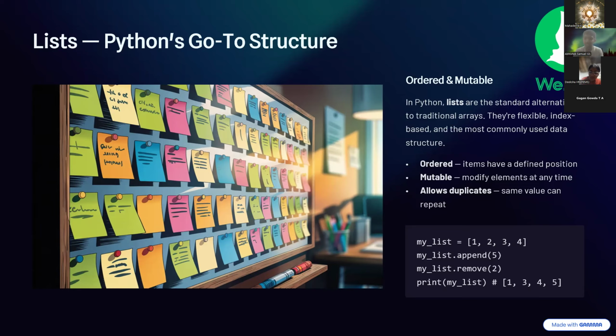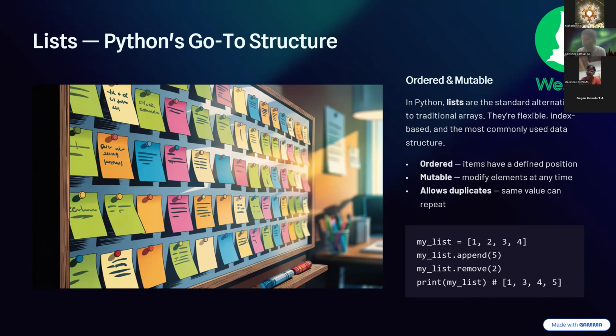I added this to the PPT because tuples versus lists is a major topic in Python data structures, and it mainly identifies mutable and immutable data structures. Lists allow duplicates, but sets do not. You know about append and remove, and you can just see the output.